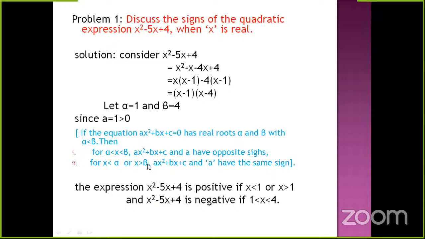And for x less than alpha or x greater than beta, the expression and a have the same signs. So here the coefficient of x square, that is a, has a positive sign. So I can write the sign of the expression x square minus 5x plus 4 is positive if x is less than 1 or x is greater than 4. And x square minus 5x plus 4 is negative if x lies between 1 and 4.